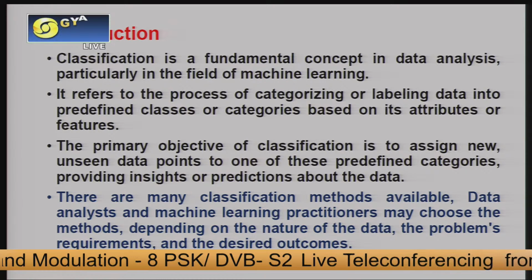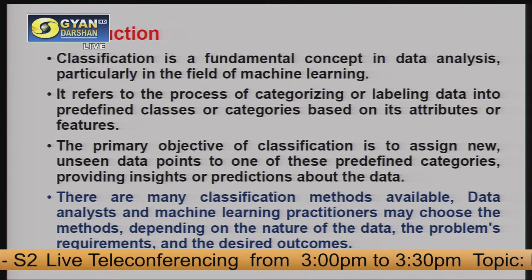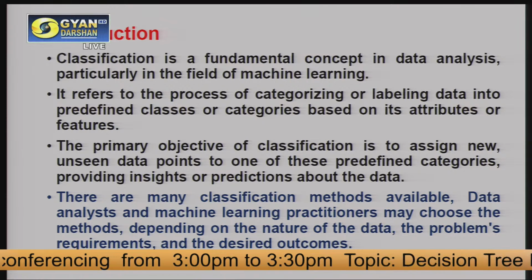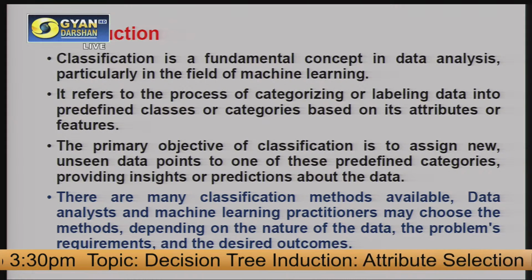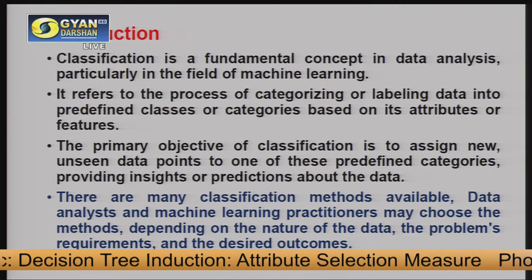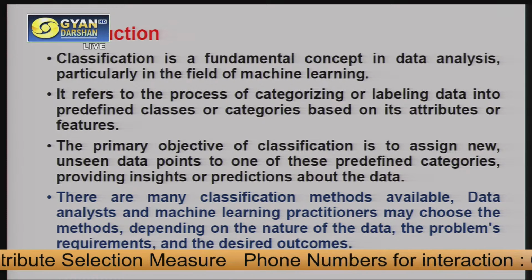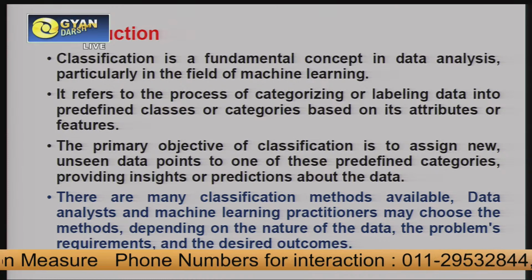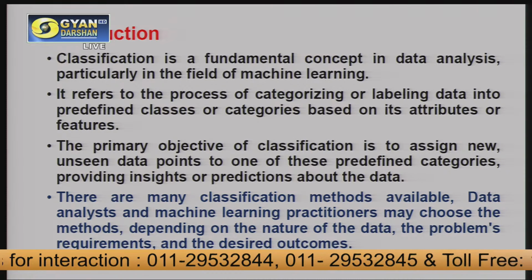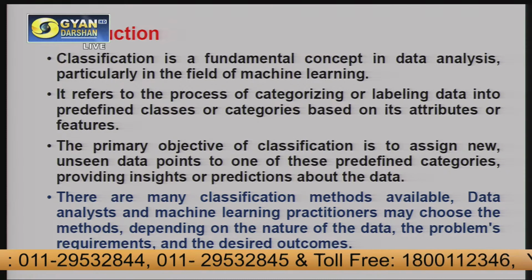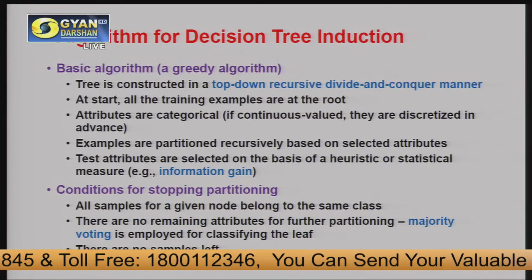All these predefined classes are already available in the data sets, and our primary objective of classification is to assign an unseen data point to a class, and to see how this can be used for predicting new data. Though there are many classification methods available for data analysts and machine learning practitioners, one can choose depending upon the nature of data, the problem requirement, and the desired outcomes.